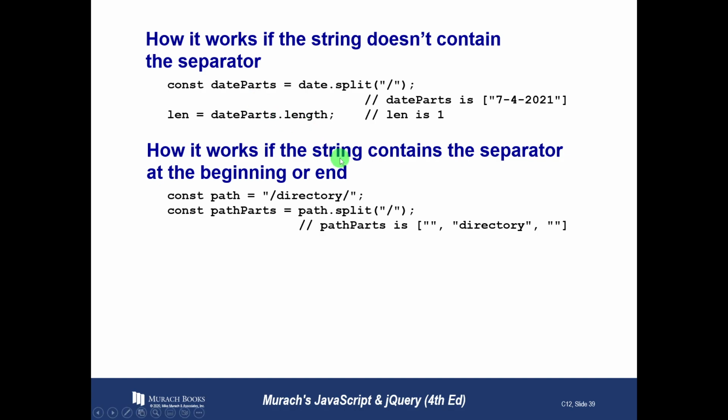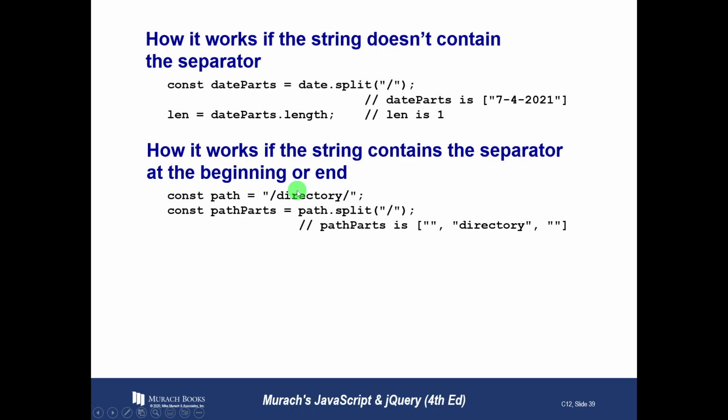What if we tried to split a string that contains the separator at the beginning or end? So for instance, if we had a path variable or path constant, /directory/, with a slash in the front and a slash at the end, and we tell it to split on the slash, what is it going to split it to? Well, it's still going to split it. It will remove the delimiter character, and that is what that's called. When we were using space, space was the delimiter.